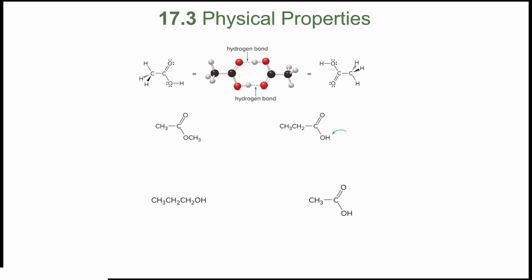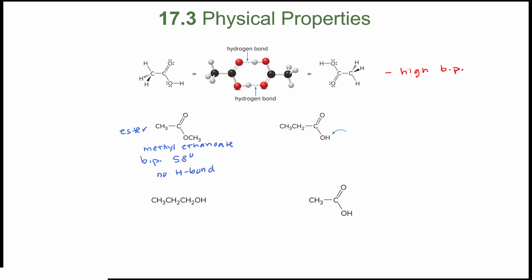Carboxylic acids are capable of hydrogen bonding, which means that they have high boiling points. So they actually have more hydrogen bonding possible than alcohols do. So the boiling point of this compound here, this is methyl ethanoate. This is an ester. We can't hydrogen bond with an ester, so the boiling point here is 58, so there's no H bonding.